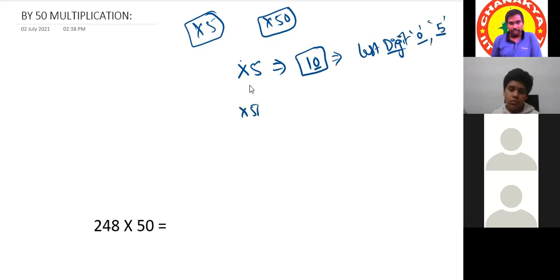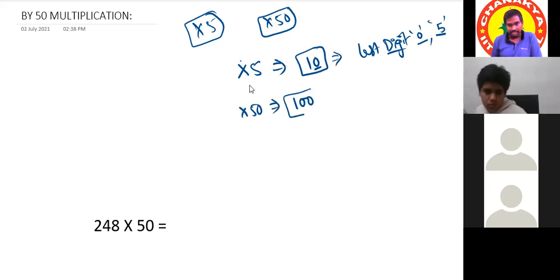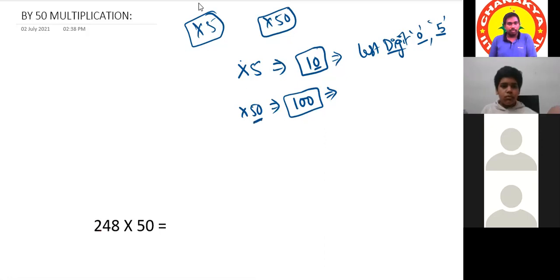If it is into 50, we can make this number 100. Our base number is 100. To make this number 100, we have to multiply by 2, which means we have to divide the given number by 2. So divide by 2, again we'll get 2 remainders, right?